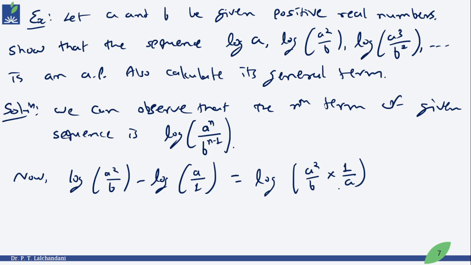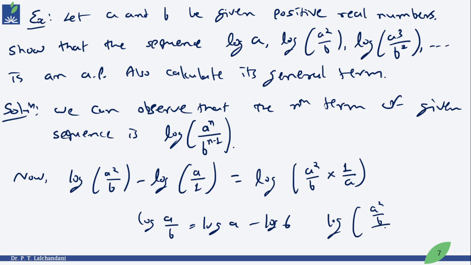Why? Because we know that log a minus log b is equal to log a upon b.